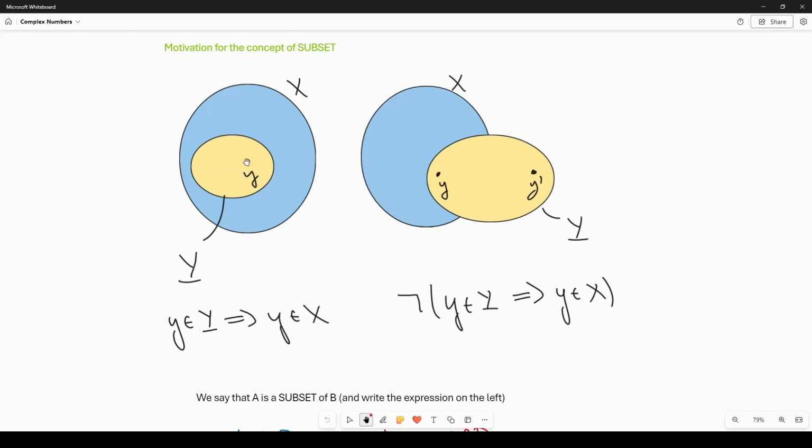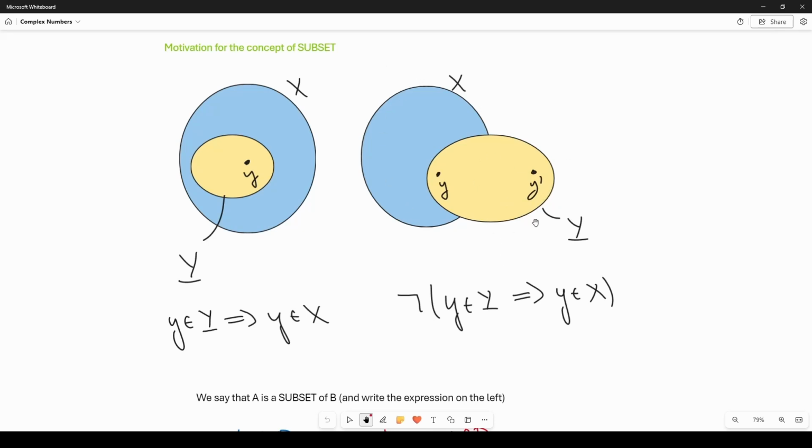So in this situation, this implication holds for whatever little y I choose from big Y.